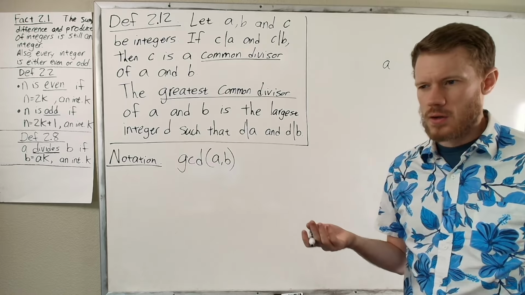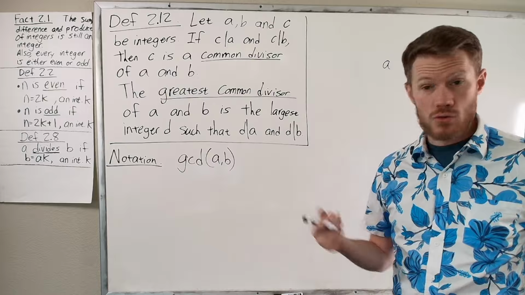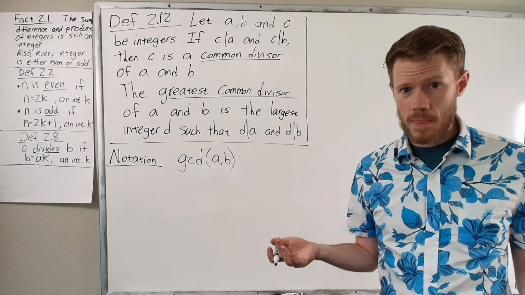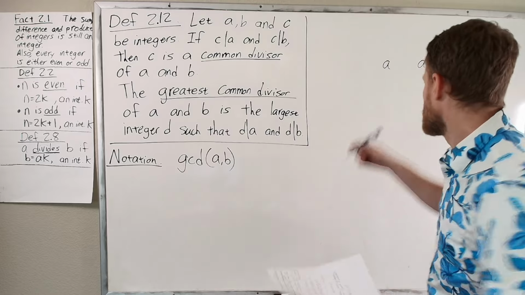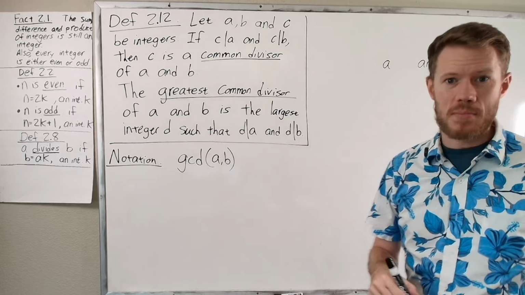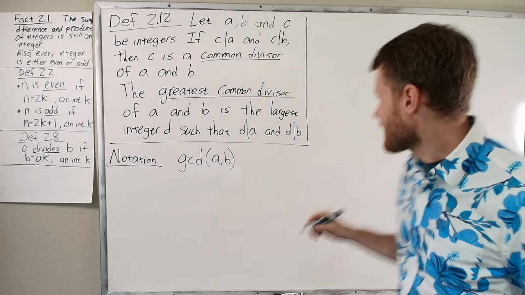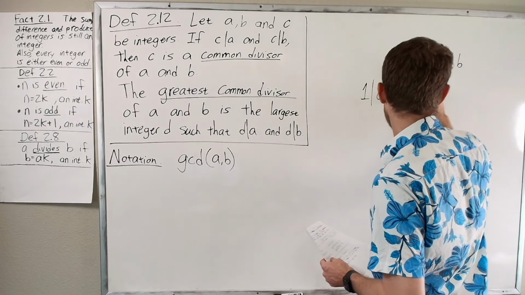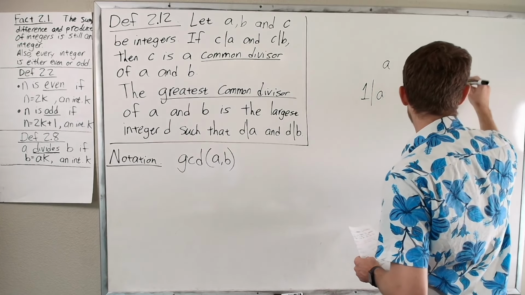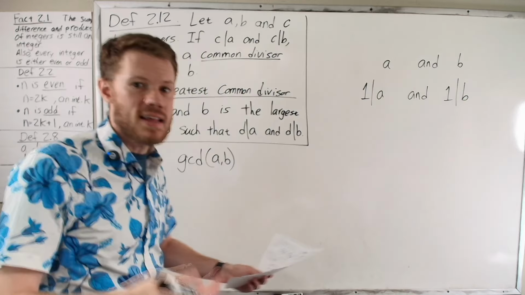Well, first of all, given any 2 integers, there's always something that divides both of them. Can you think? What integer do I guarantee is going to divide A and B? 1. Yeah. So 1 divides A and 1 divides B. So, how could a GCD not exist?